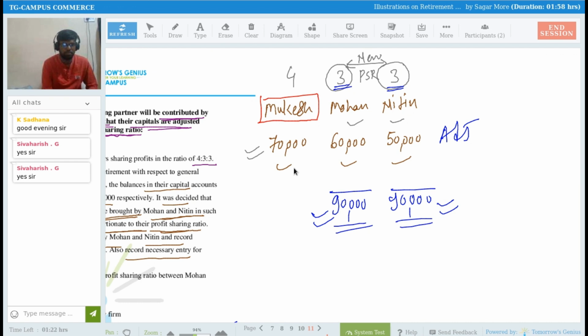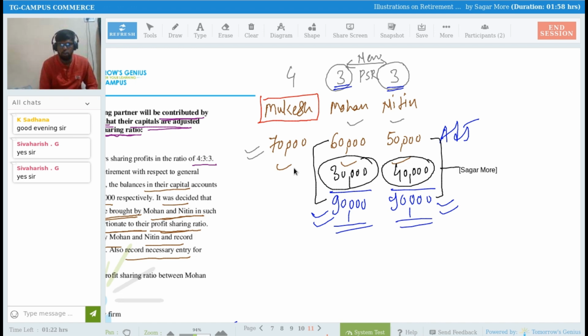So what will be the balance? If I see here, the balance is 30,000 rupees, sir. And here, the balance is 40,000 rupees, sir. So Mohan needs to contribute 30,000 rupees into the business, and Nitin needs to contribute 40,000 rupees. 40 plus 30 comes to 70,000 rupees, and this 70,000 rupees I can pay to Mukesh.